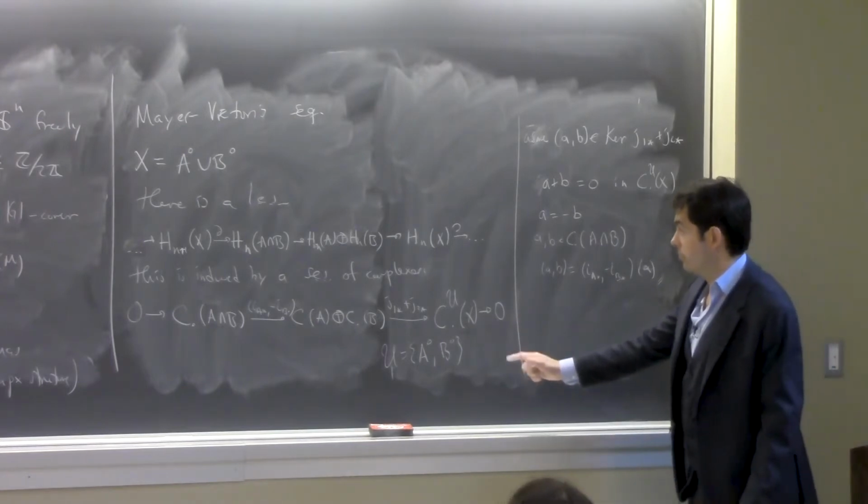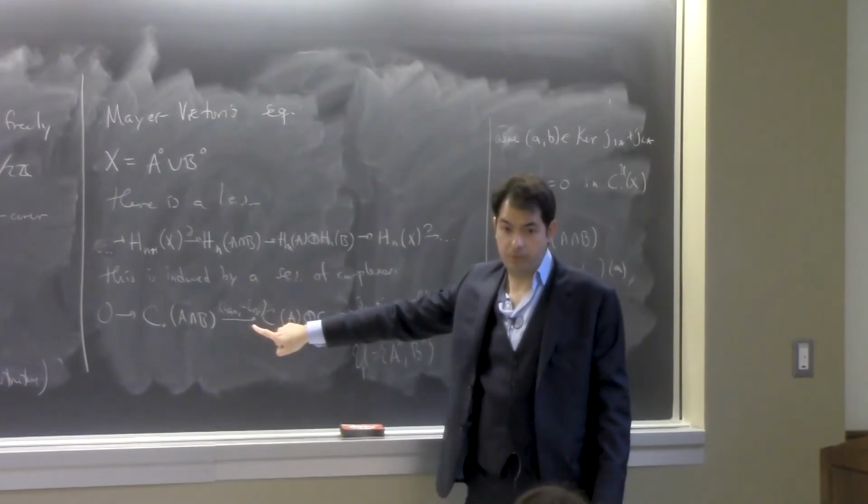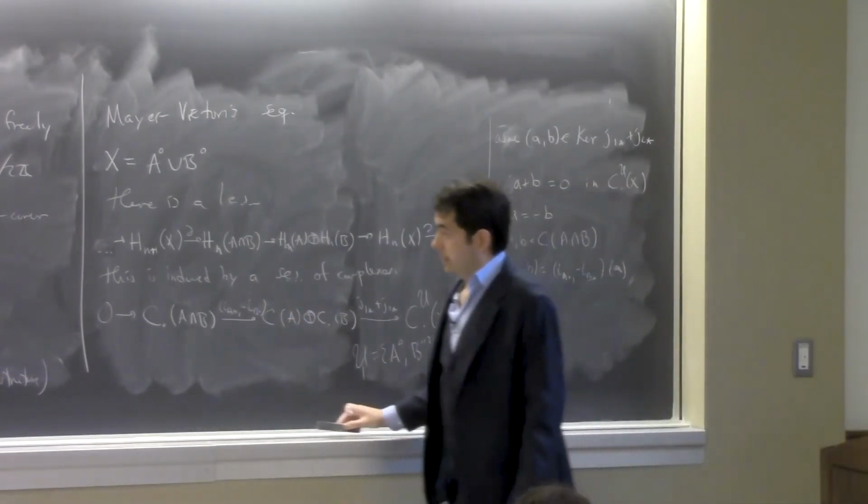So that gives us exactness. So that tells us there is a long exact sequence, and it tells us what these maps are. They're just the induced maps from here.